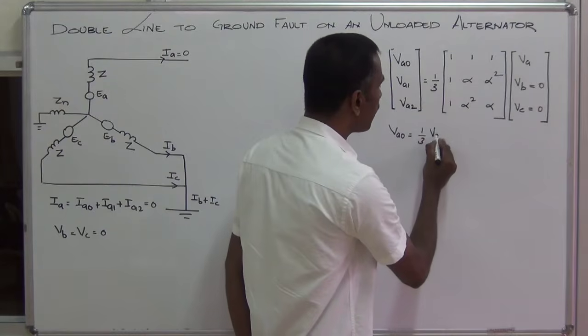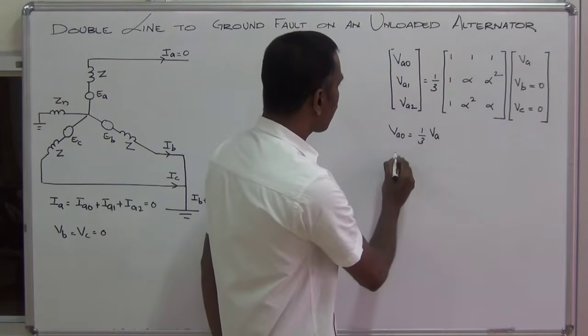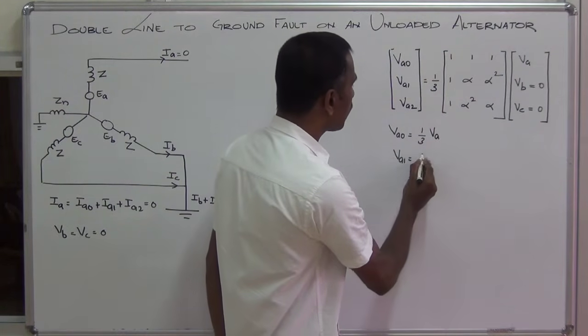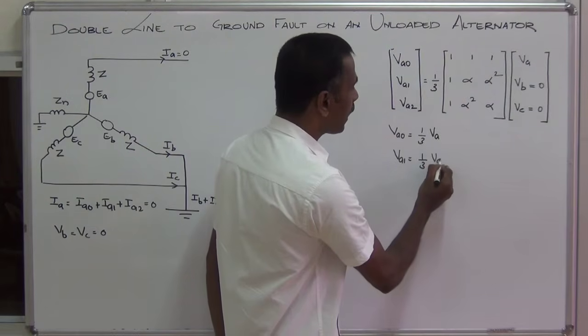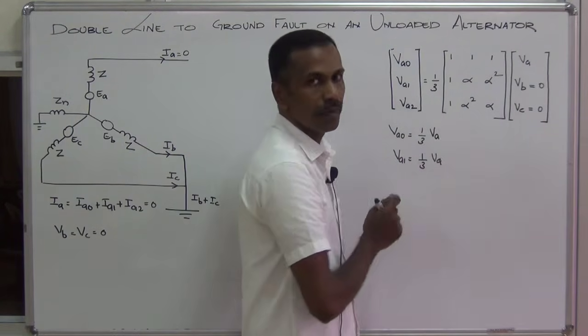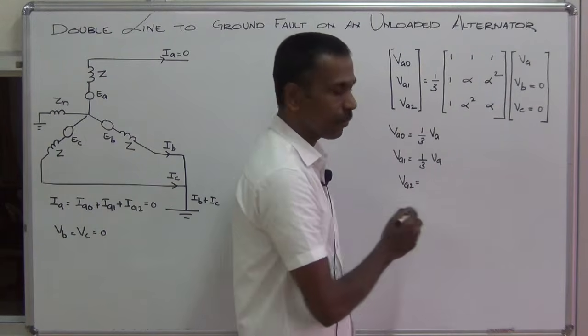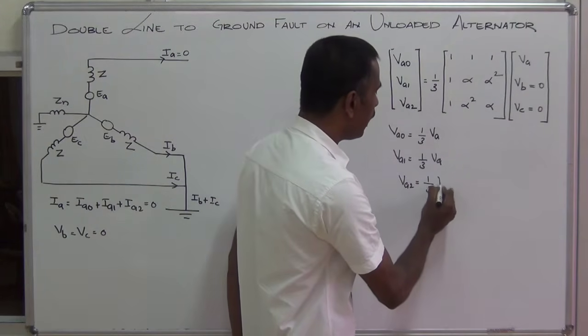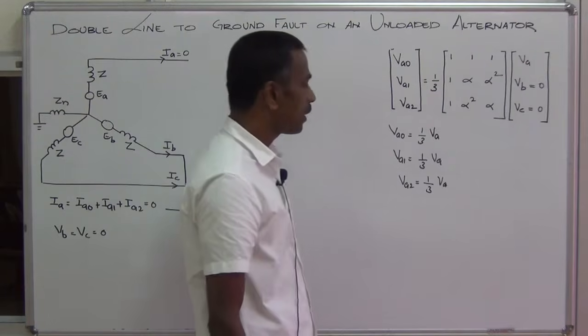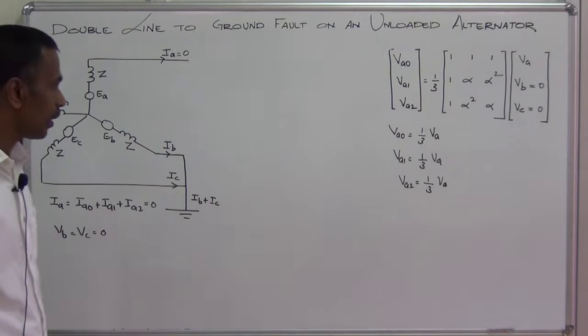So it is 1 by 3 VA. Similarly, VA1 equals 1 by 3 into VA and VA2 is also equal to 1 by 3 into VA. So the three sequence voltages are equal.